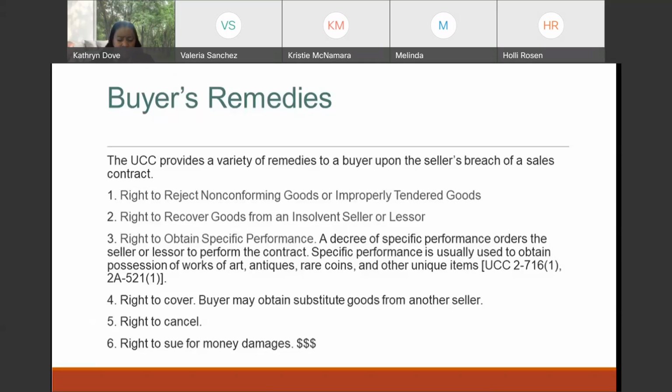So if there's a breach of contract to deliver goods, the buyer can reject the non-conforming goods, reject the goods if they're not properly tendered in a place where the buyer can access them. The buyer can recover the goods from an insolvent seller. The buyer may obtain specific performance.